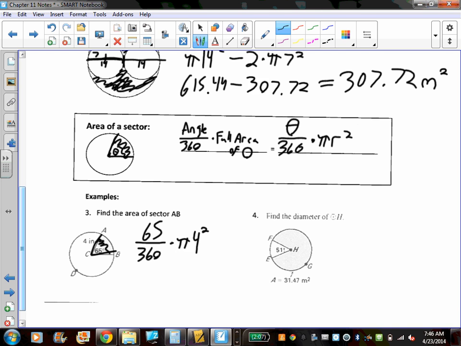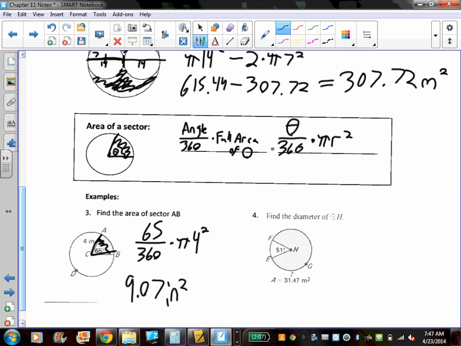So 65 divided by 360. And you're going to get a decimal for that, and I would go right from there to starting to multiply. Decimal that you should get is about 0.18, so you're going to take that and multiply by 3.14 times 4 squared. And that'll give us the area of the sector being about 9.07 inches squared.